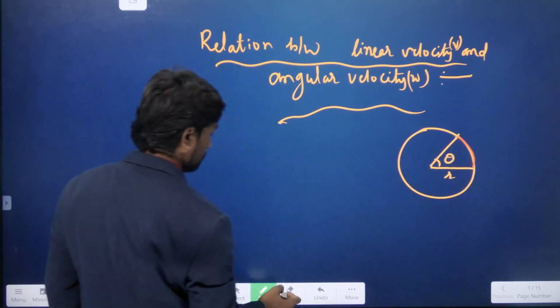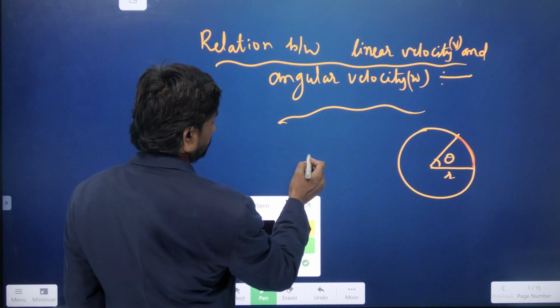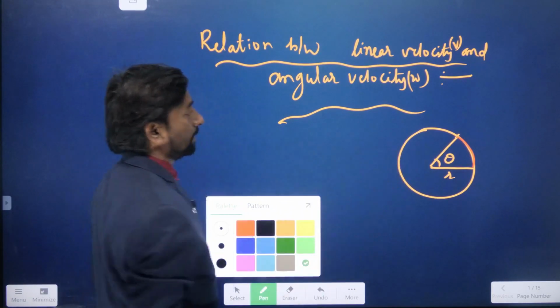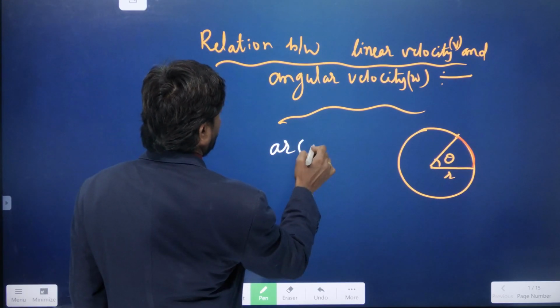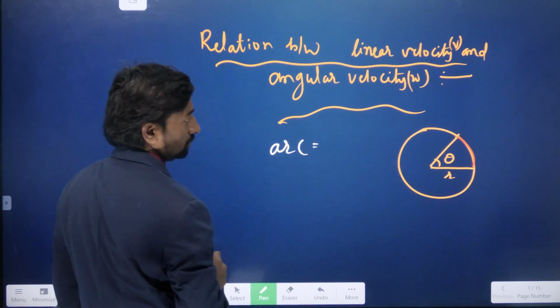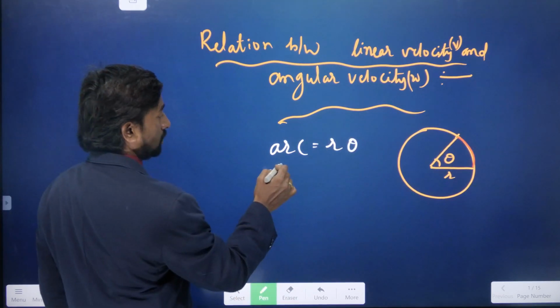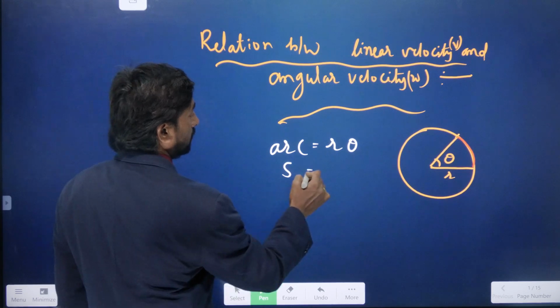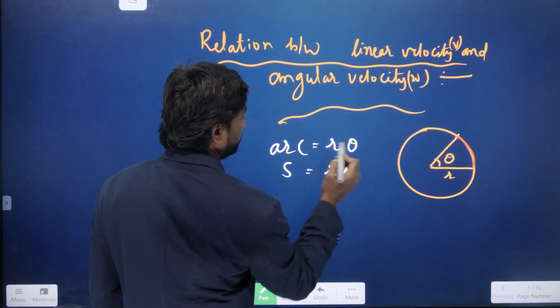So now we have the relation between arc and the angle, okay. So now here arc is equal to radius into angle. So arc is denoted by, suppose, s, and here we can write r into theta.